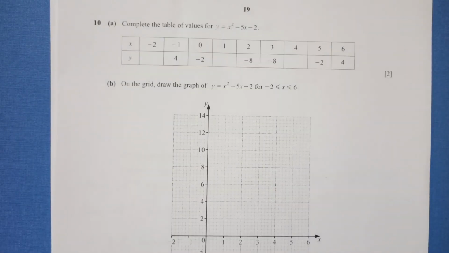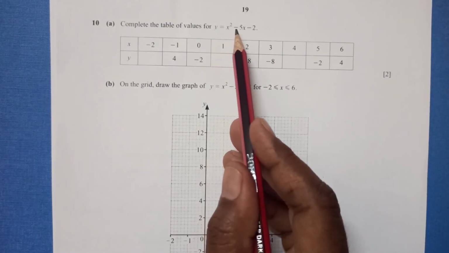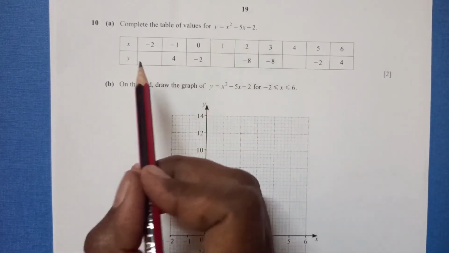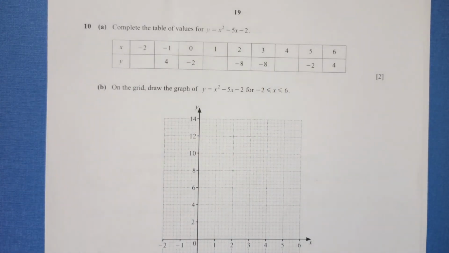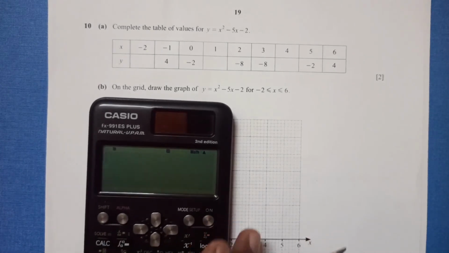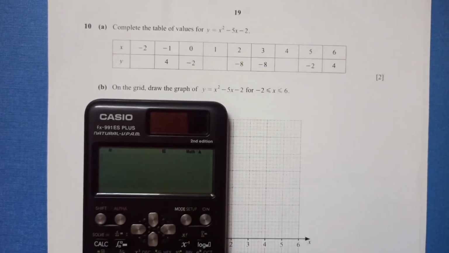Question 10. Complete the table for the values of y equals x squared minus 5x minus 2. We are given these x values here, and we can just replace x by each value to get the value of y. So x is -2.